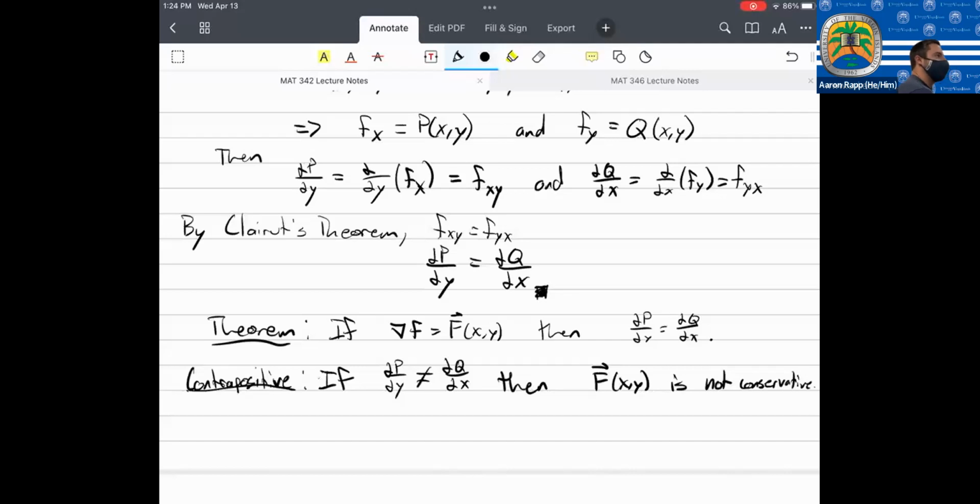So now I have a way to test. If I want to determine whether or not a vector field is conservative, I take the partial with respect to y of the x component, look at the partial with respect to x of the y component. If they're the same thing, this thing is conservative, and I know I can find a potential function. If that's not the case, then there will be no potential function.